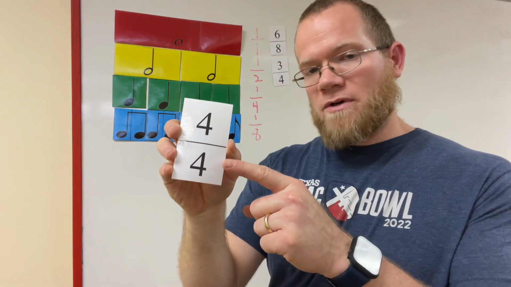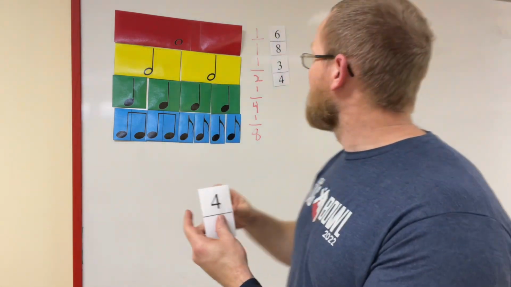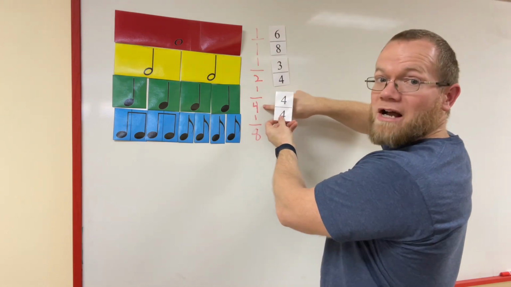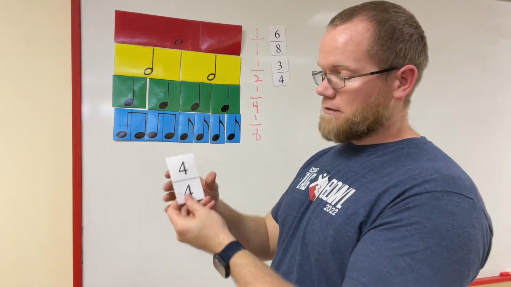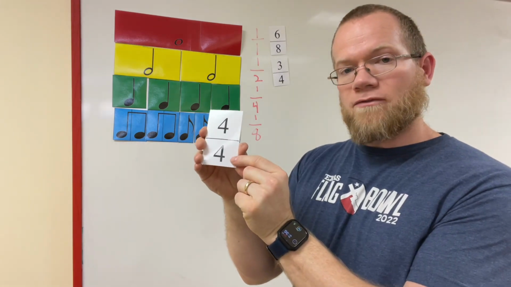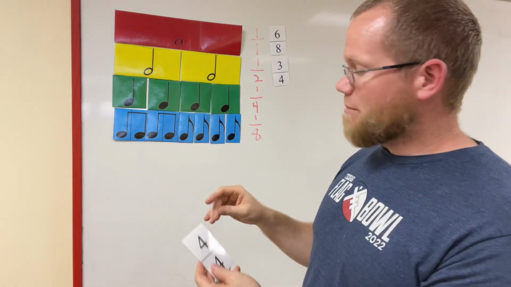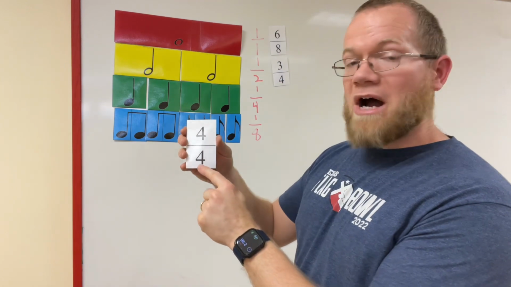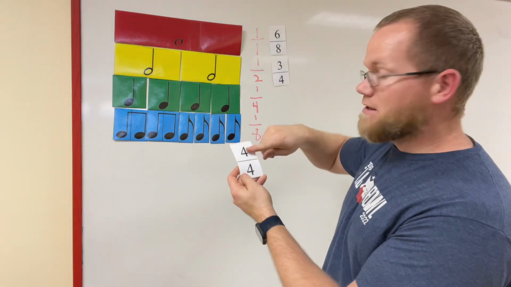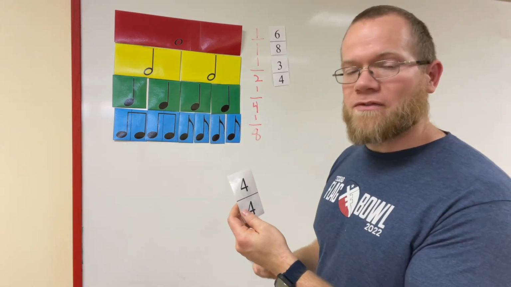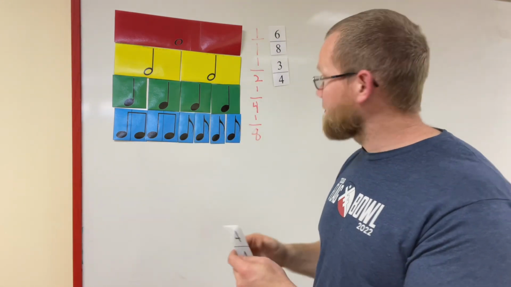The bottom number is important here. Notice the bottom number for the quarter notes is also a 4. So the quarter notes look like the 4. The way that I think about this, the bottom number tells me what kind of note am I looking for, and the top number tells me how many of those notes should I expect to find.